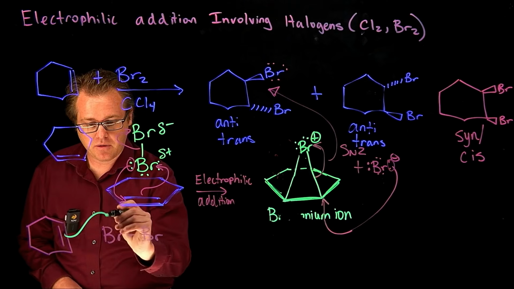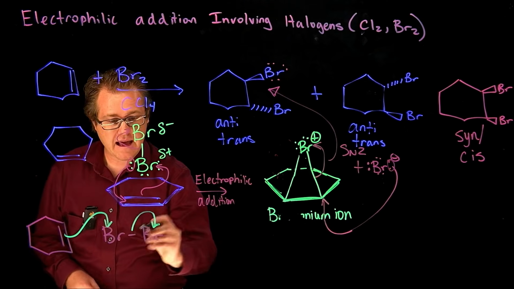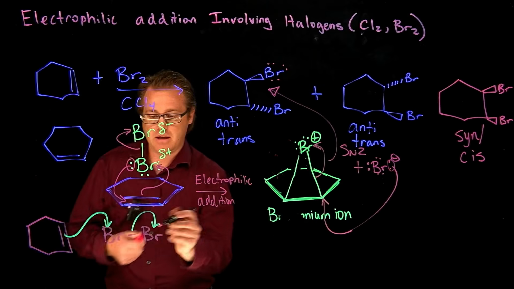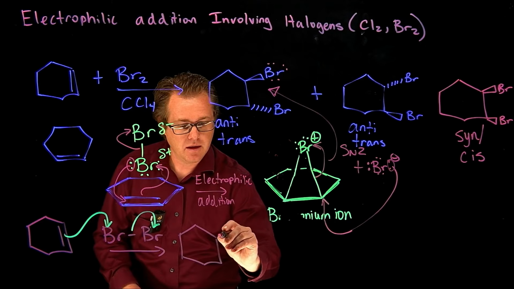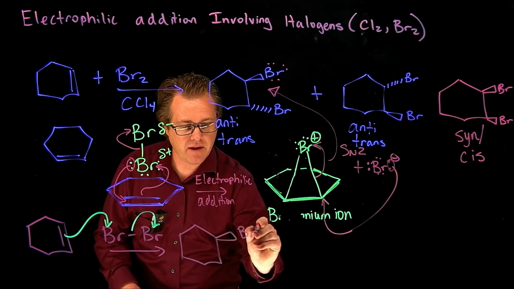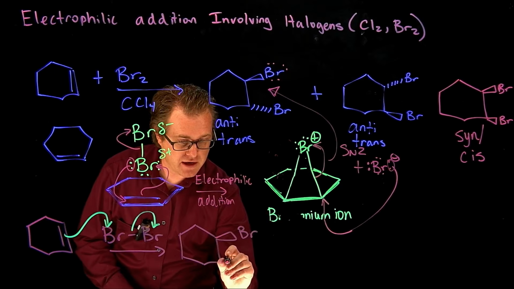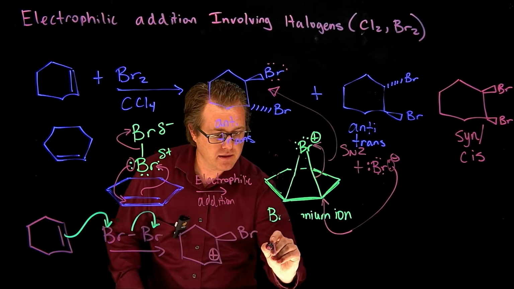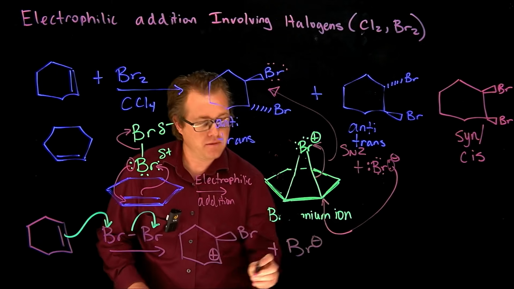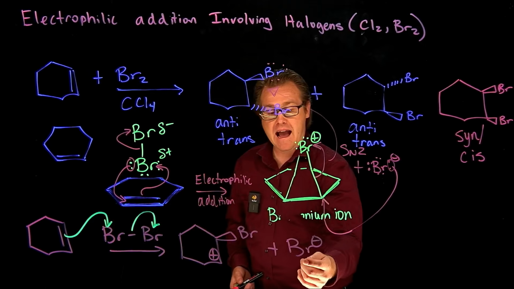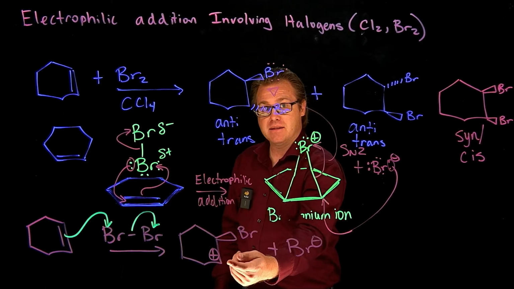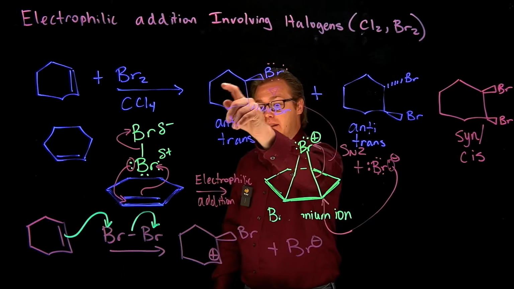Let's say if we do this and go like that, we would then generate something that looks like this. Okay. Let's say it added to the top face. That would then generate a carbocation. And so that bromide could, in theory, attack from the back face to give us one of these guys, or this one.